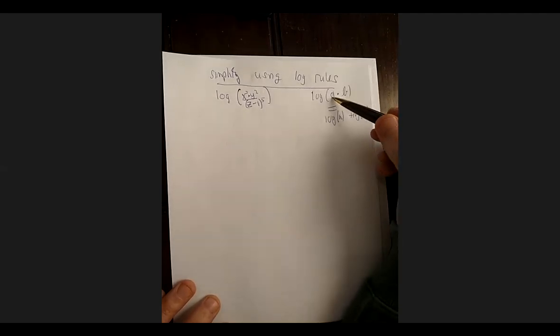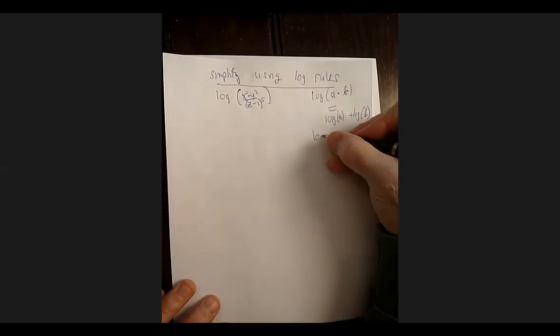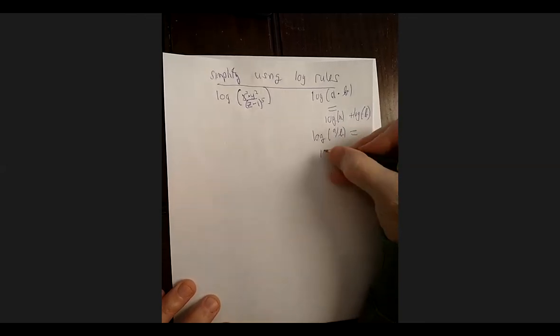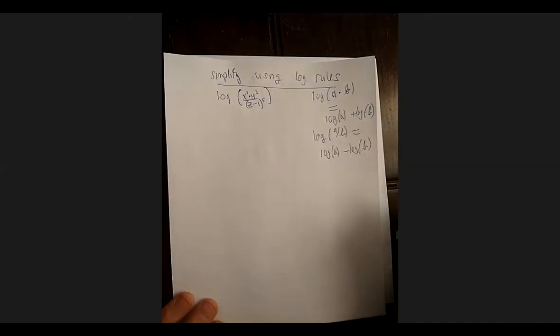And the reason for that is when you multiply things which have the same base, you add the exponents. And then the other one is, when you have the log of A over B, you subtract.